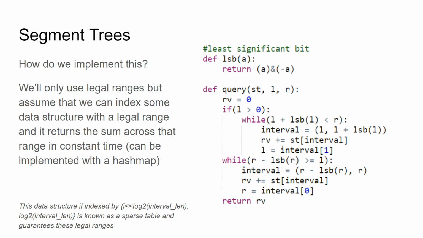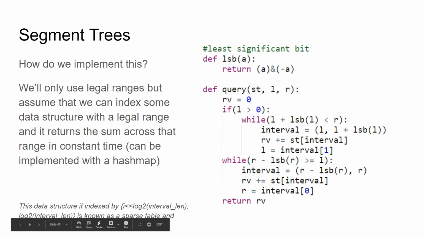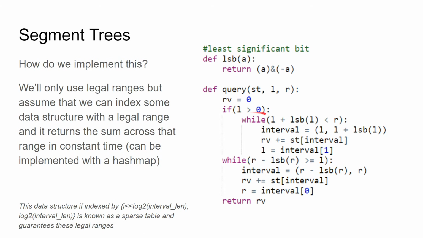It looks like my cursor doesn't show, unfortunately. See if I can get a pointer. Yeah. Okay. So if L is greater than 0, then it'll go into this loop. If it is 0, there's no point.